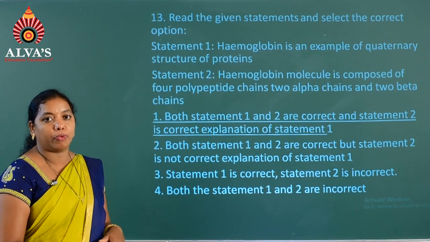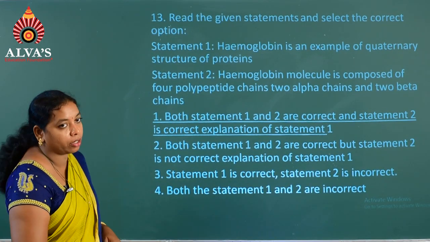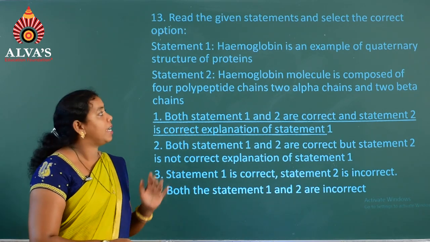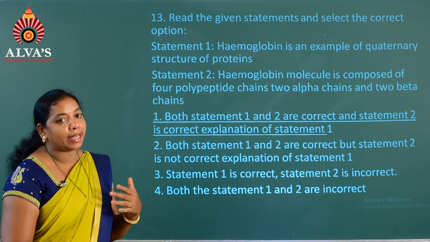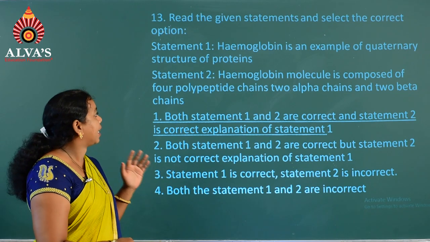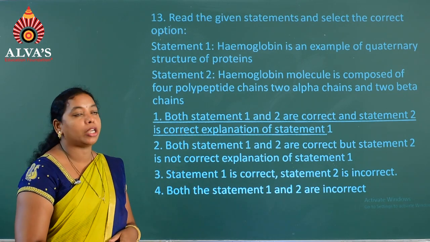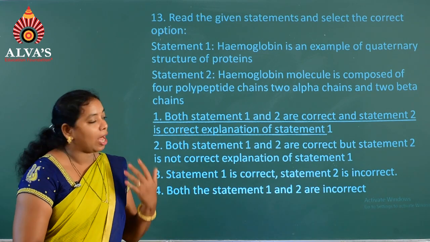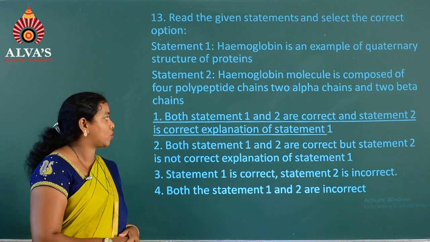Moving on to the next question, that is question number 13. Read the statement and select the correct option. Statement 1: Hemoglobin is an example of the quaternary structure of protein. And the second statement: hemoglobin molecule is composed of 4 polypeptide chains, 2 alpha chains and 2 beta chains.